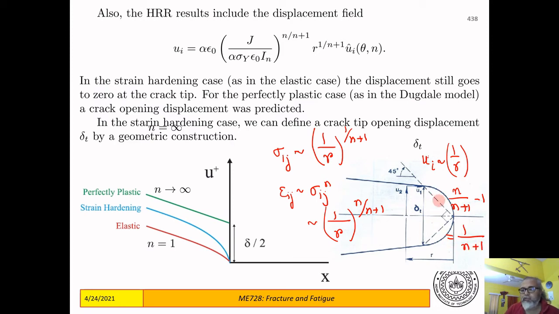And so this will scale as r to the power, with the minus sign, plus 1 by n plus 1.